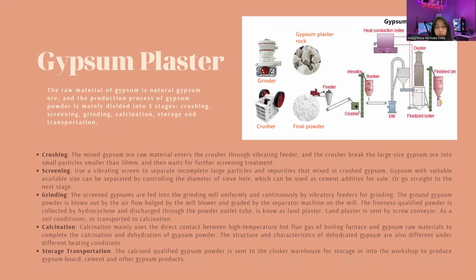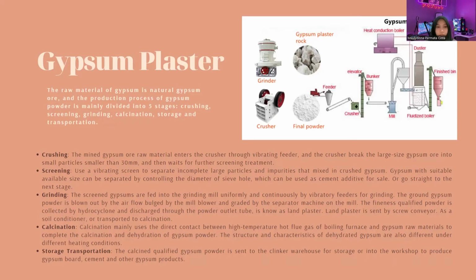Screening uses a vibrating screen to separate incomplete large particles and impurities. Gypsum with suitable available size can be separated by controlling the diameter of sieve hole, which can be used as cement additive for sale or go straight to the next step.